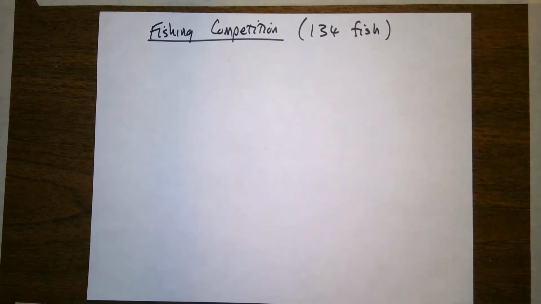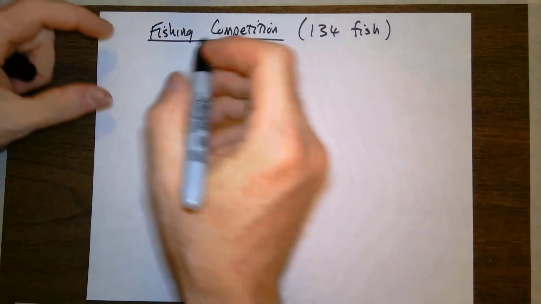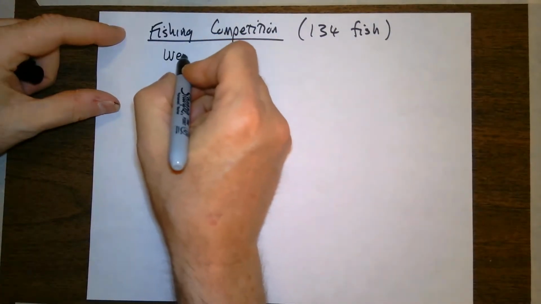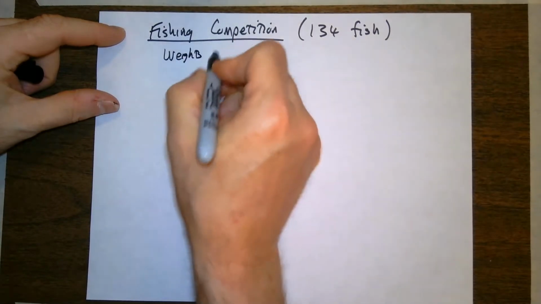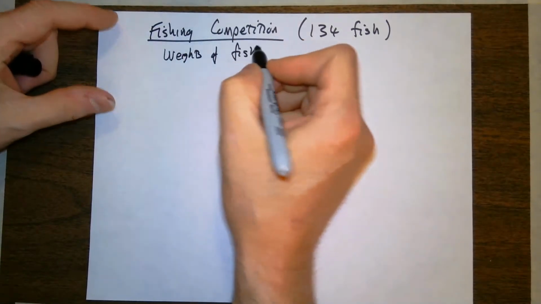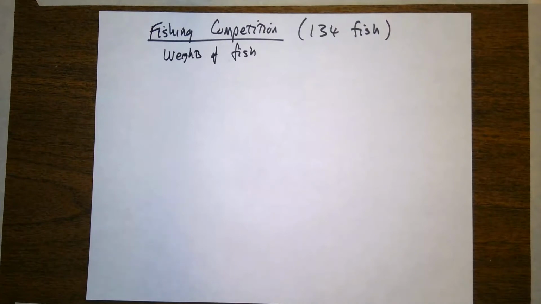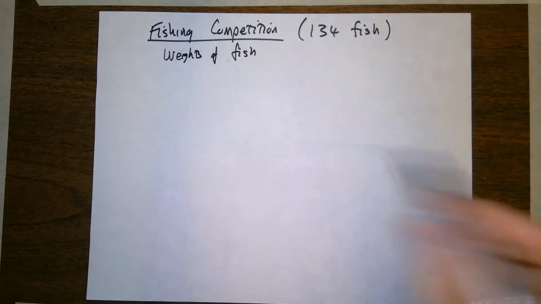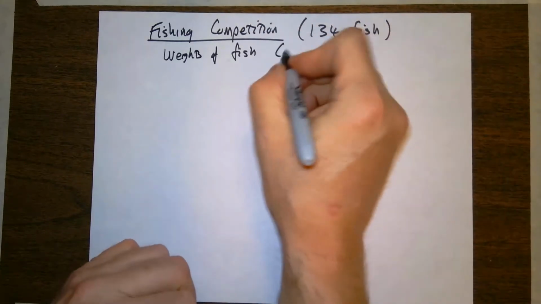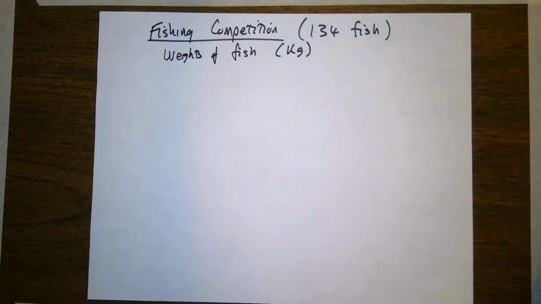So the raw data would be each of the different fish, more specifically the weights of the fish. How much did each of the fishes weigh? The raw data would just be as the fishes come in, weighing them. We're going to use kilograms here, because after all this is the IB.